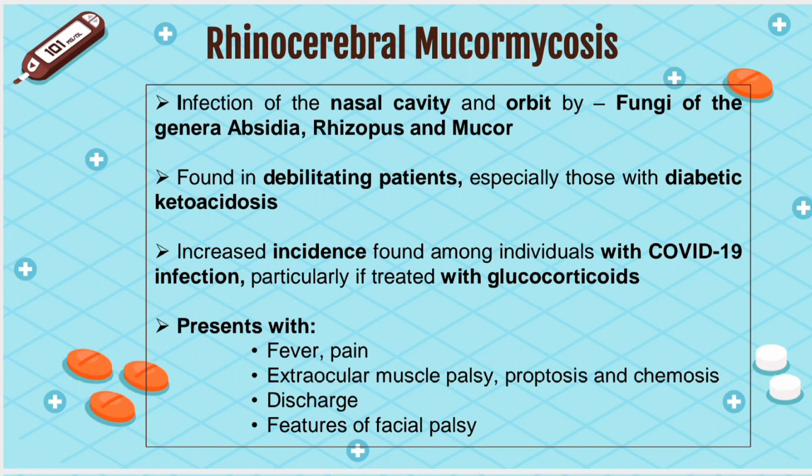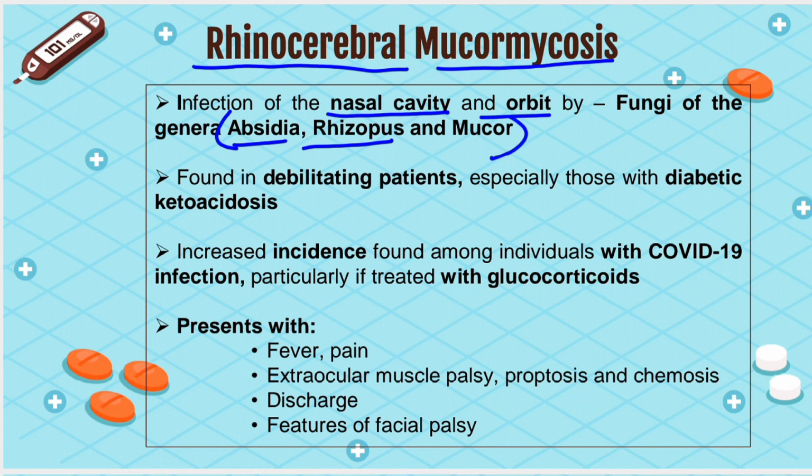Now coming to another infection, which is known as rhinocerebral mucormycosis. Rhinocerebral mucormycosis is the infection of the nasal cavity and orbit by fungi known as Absidia, Rhizopus and Mucor, and it is very common in debilitated patients, usually those having diabetic ketoacidosis.